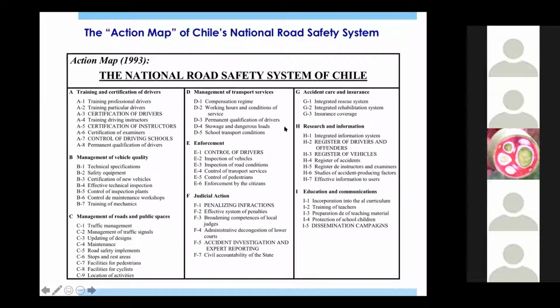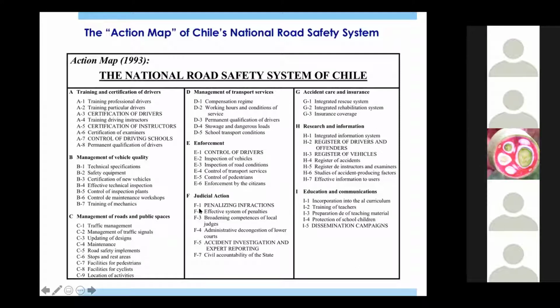Though they are of two kinds, some of them are in uppercase letters, as you see, the other in lowercase. The uppercase ones are the established lines of action. At the time this map was done, 1993, only 9 lines of action were established, which you see there: certification of drivers, of instructions, control of driving schools, accident investigation and report, and so on.